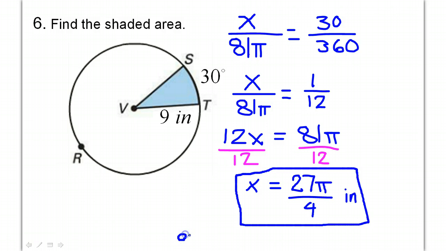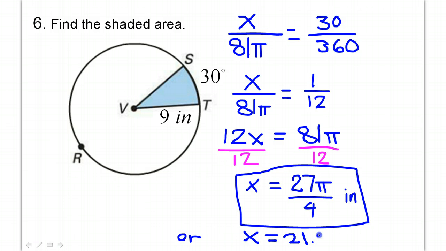Or, as always, we could write this as a decimal. So that's going to be 21.21. Okay, that's how we do number 6.